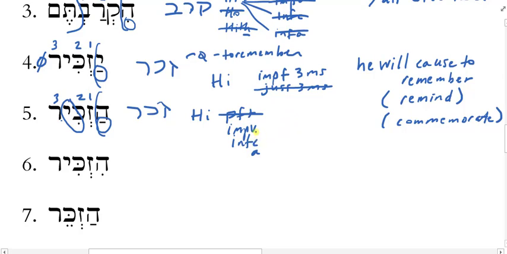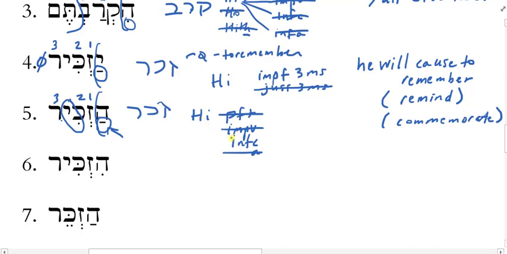The infinitive construct. The imperative, when there's no ending, has what vowel under root 2? The hifil imperative: tsere. Infinitive absolute has what vowel? Tsere. So both of those are disqualified on the grounds of the theme vowel. The perfect is disqualified on the grounds of the hey's vowel. Okay?